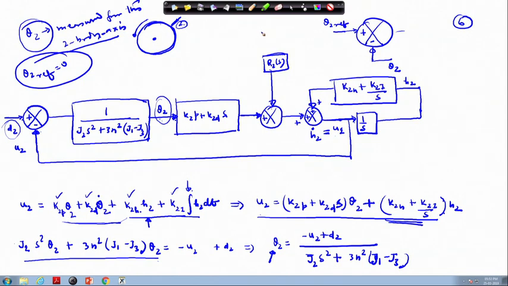Okay. So, if you have to do the disturbance rejection, so this theta 2 has to be tapped, and this is a tap whose position you can change.